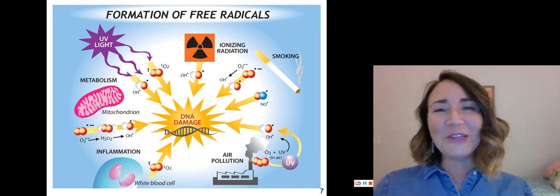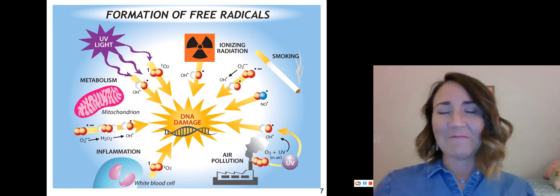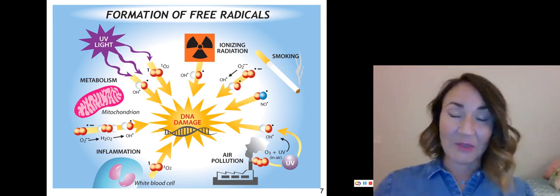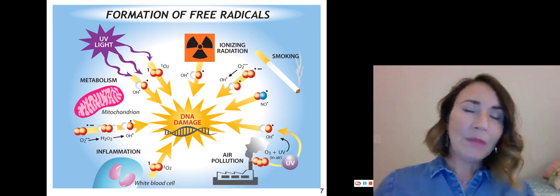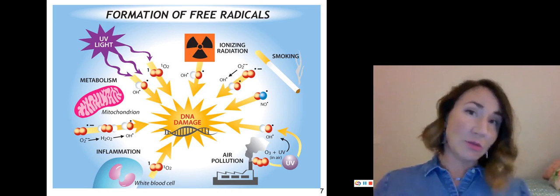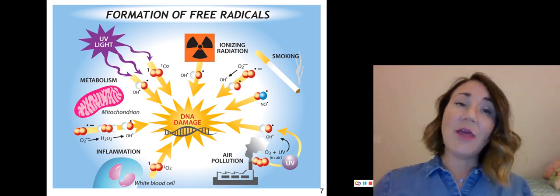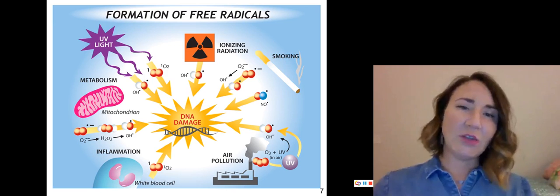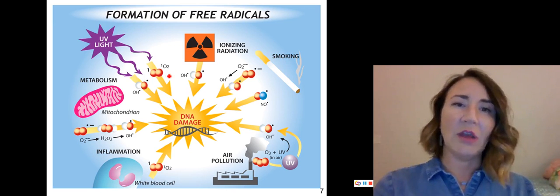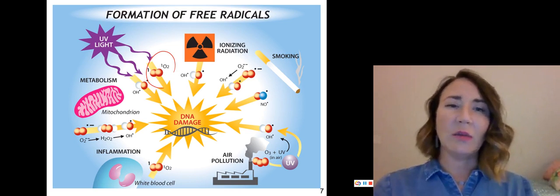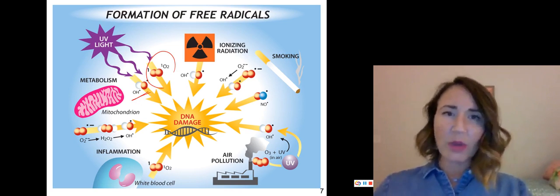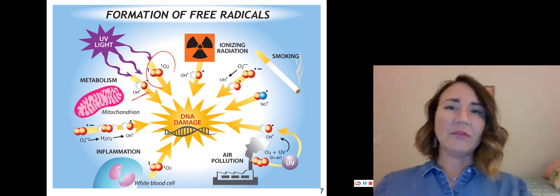And so the formation of free radicals takes place with lots of things, as I've mentioned multiple times, metabolism. But UV light, especially here in the desert, we've got lots of UV light, and you can see that UV light causes the formation of superoxide free radicals, potentially OH as well, so hydroxide free radicals.